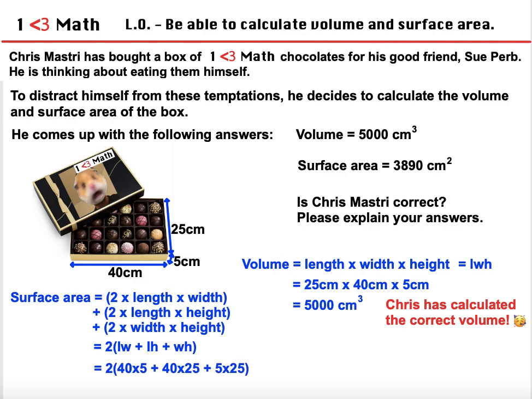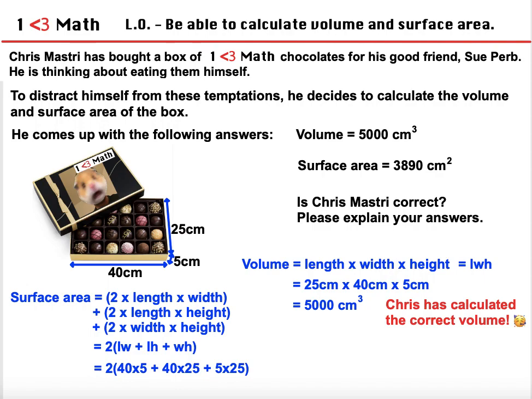So using the numbers that we have, it's going to be 2 bracket 40 times 5, that's the front of the shape, plus 40 times 25, which is the top of the shape, and 5 times 25, which is the side of the shape. So obviously we're doubling that because for the top there's a bottom, for the side there's another side, for the front there's a back.